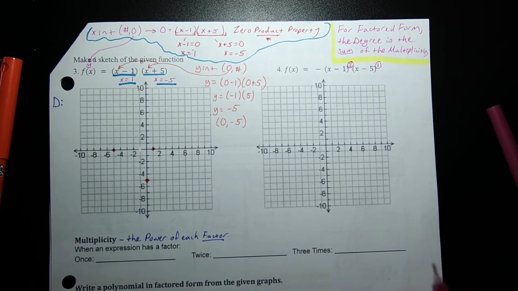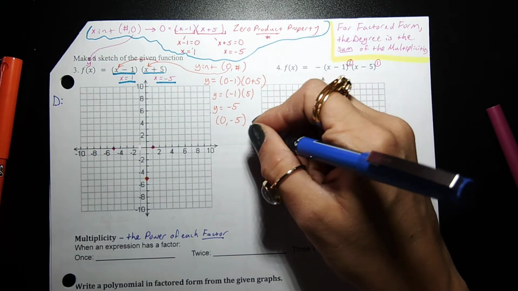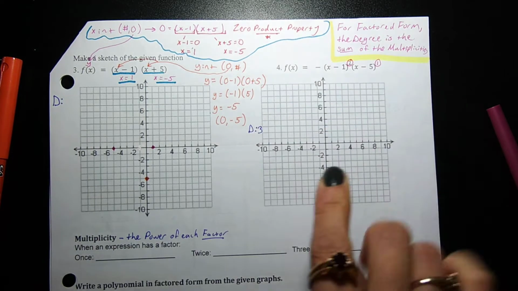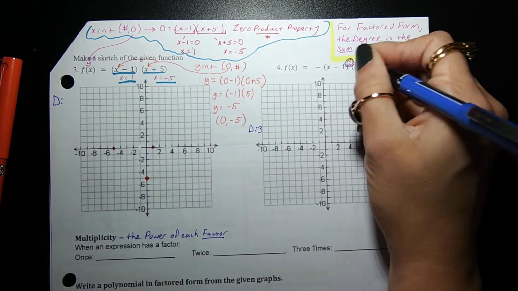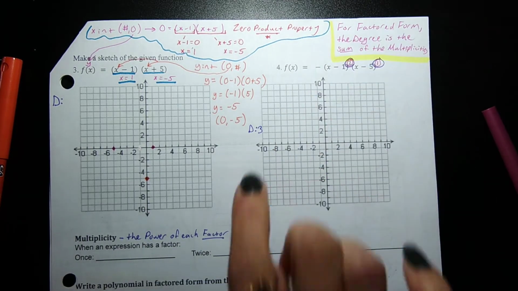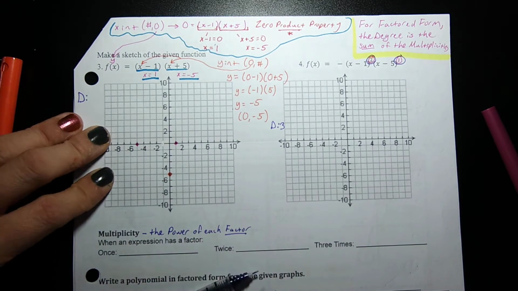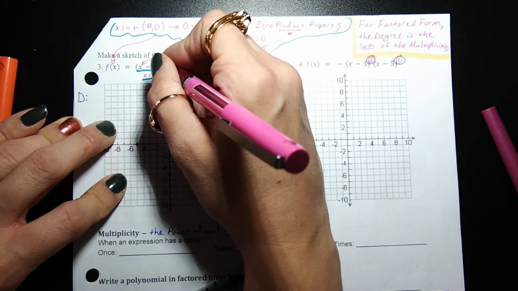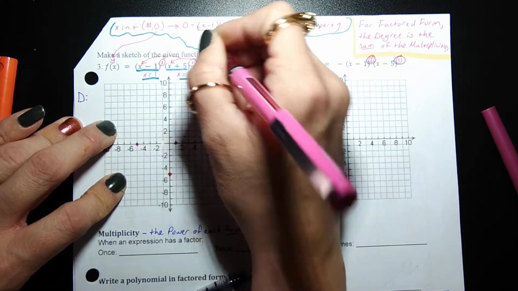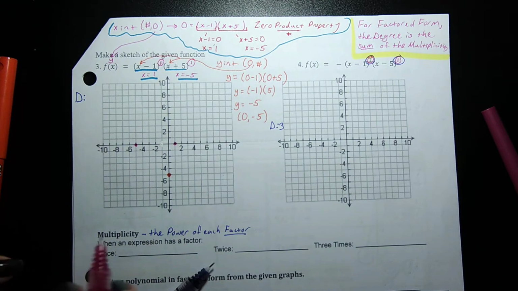So that would mean our degree for this polynomial is degree 3. We took 2 plus 1 to give me the degree. Now over on this one, this factor has a multiplicity of 1. This factor also has a multiplicity of 1. So what's our degree? 2.